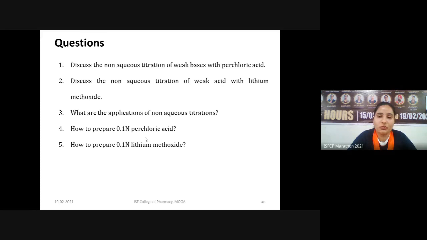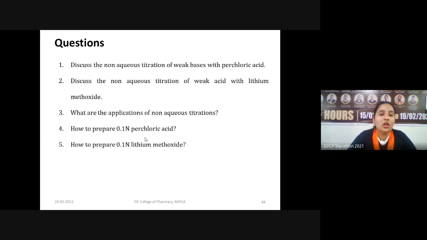In this case, the solutions were prepared in dimethyl formamide, and then we studied the titration of the weak acid with lithium methoxide. First we prepared the solutions followed by the standardization. We have studied that the standardization of solutions is very important, and after the standardization of solutions we performed the titration of weak acid with the lithium methoxide.